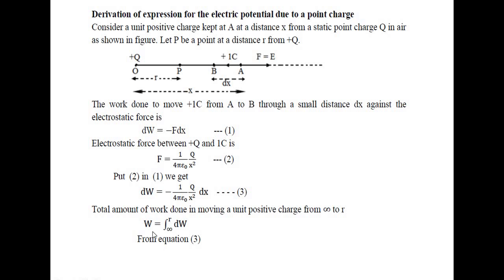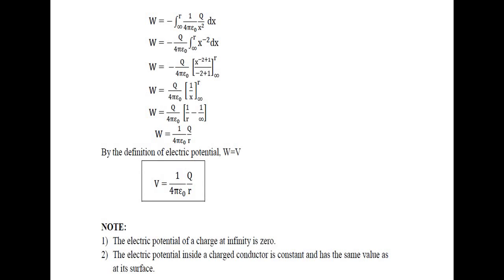Now that can be found out by integrating dW from the limit of integration infinity to r. What is integrating dW? We will get W here, minus 1 by 4 pi epsilon naught q by x square, with respect to x.